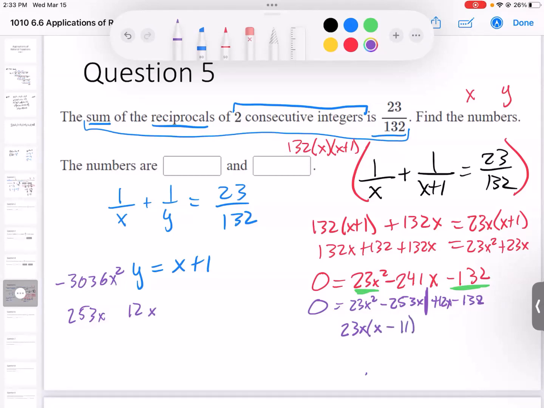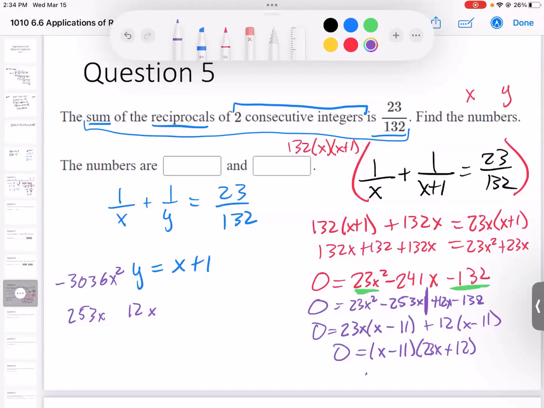Okay, so I think when you do 253 divided by 23, it should equal 11. Is that accurate? Okay, then the next one has a 12 in common, which also gives x minus 11. And so our answers are x minus 11 times 23x plus 12 equals 0.